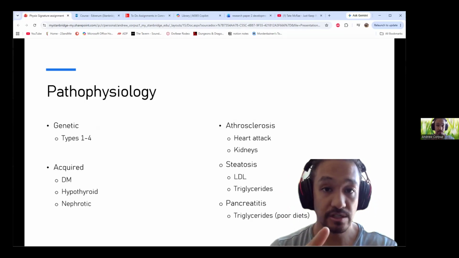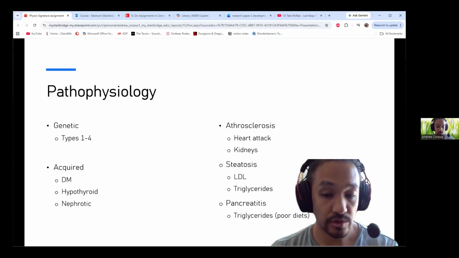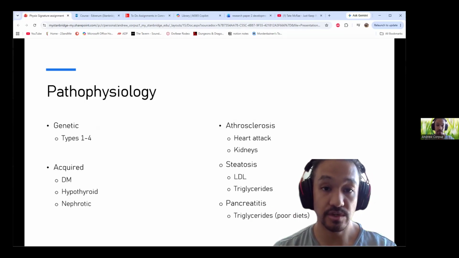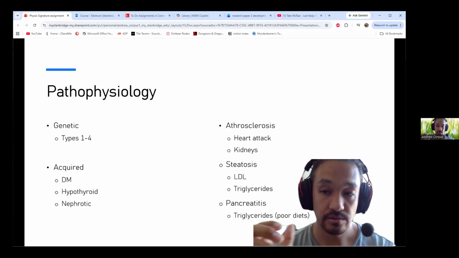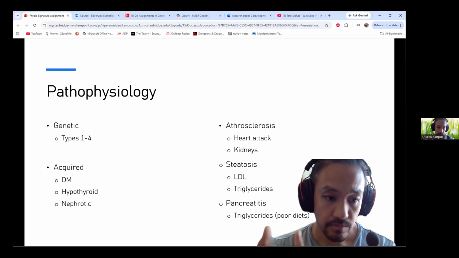And they're either going to affect our LDLs or our triglycerides. And all those levels will create imbalances, affecting, as I've mentioned earlier, our cardiovascular system, or liver, or our pancreas.